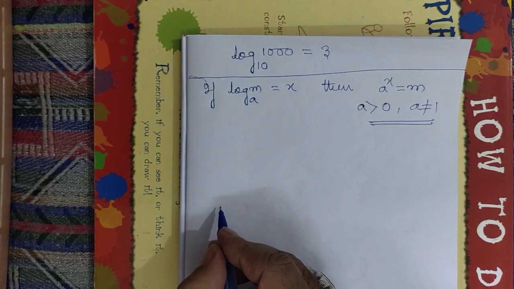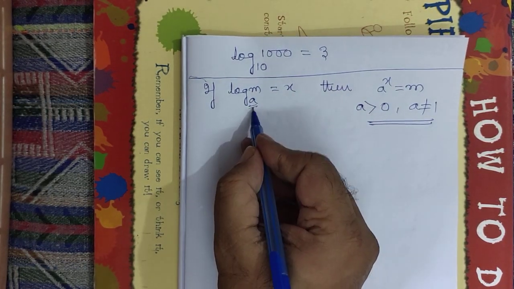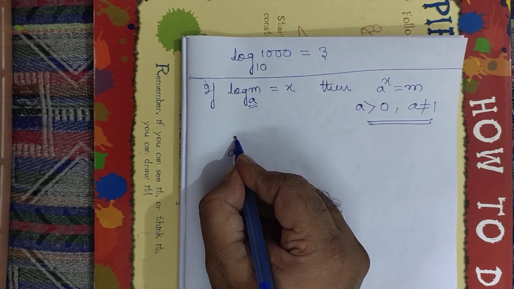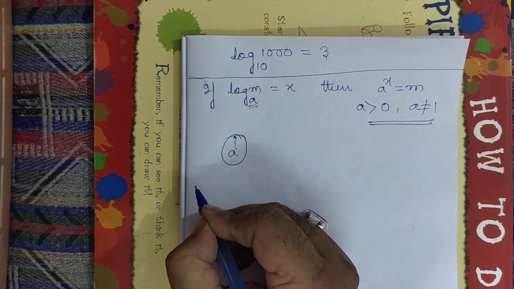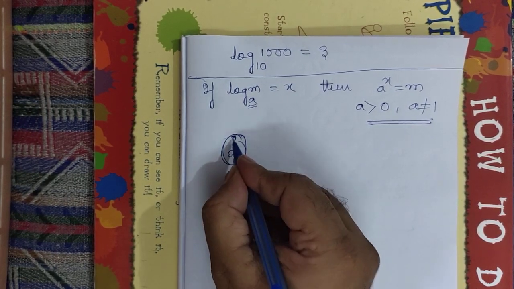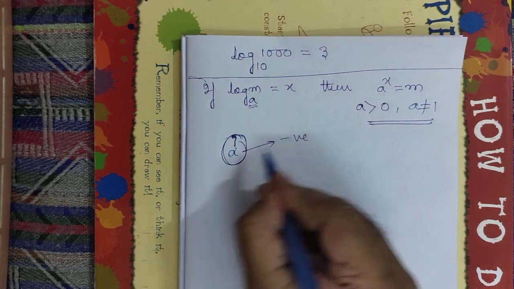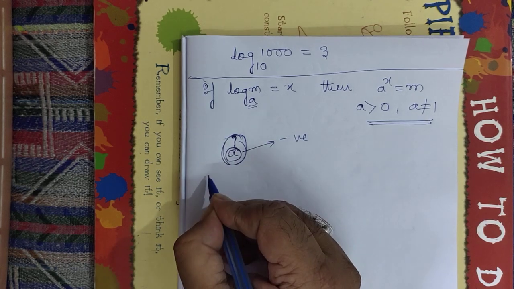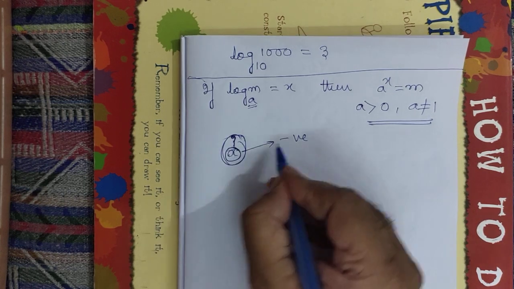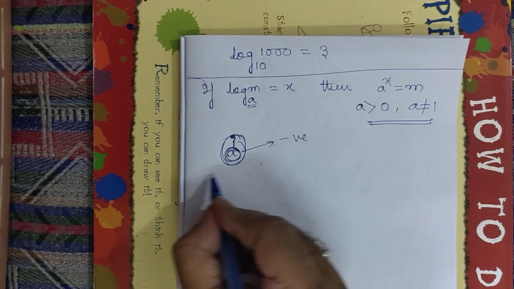Most important point: if a is positive, a to the power anything, this value can be negative. However, a cannot be negative. This is the most important point.